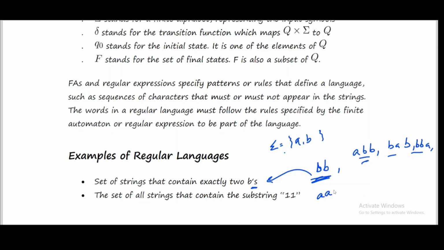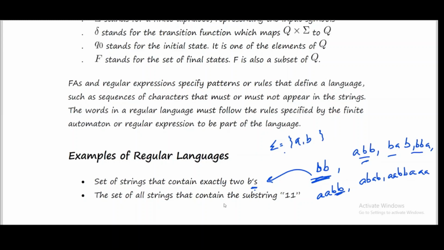So both a's can be at the same place, but b should be exactly two. The b's can be anywhere, like aabb, and there can be many a's after this bb and so on. The thing is that there should not be more than two b's and not less than two b's. It should have exactly two b's.